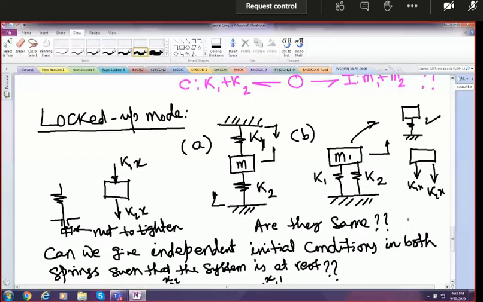So how do you model? This is the model for part A. This is for B. What is the model for A? Correct model for A is not this.